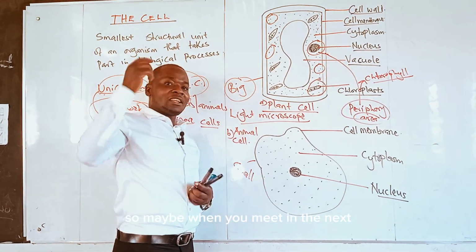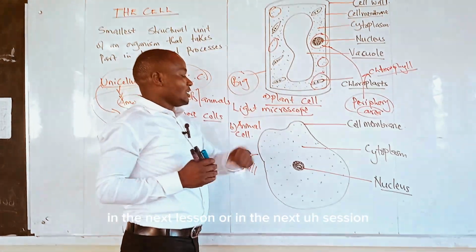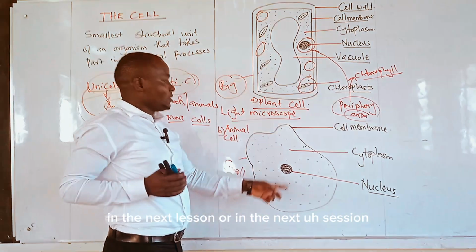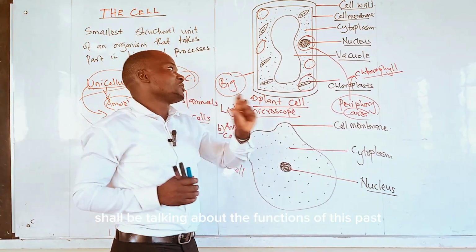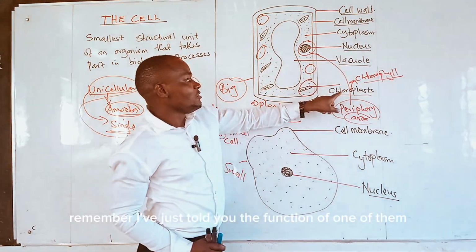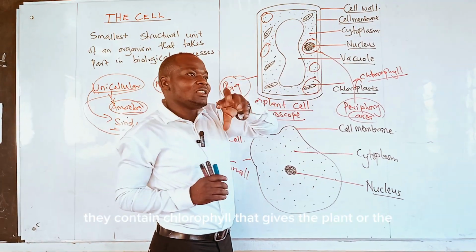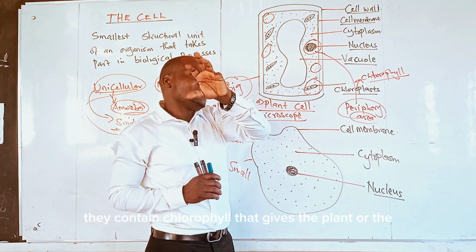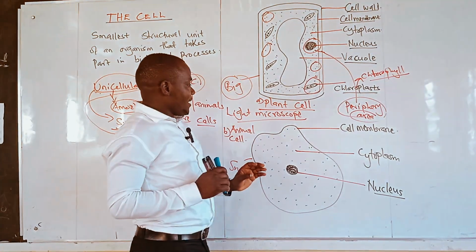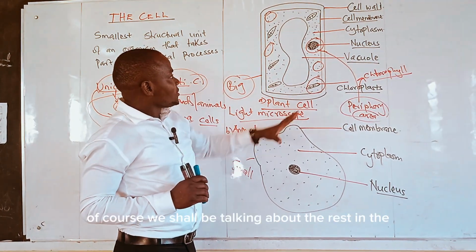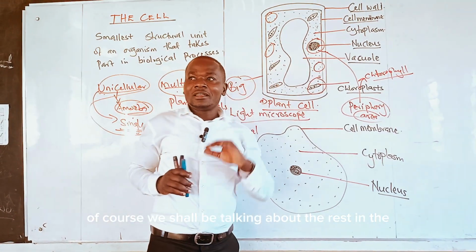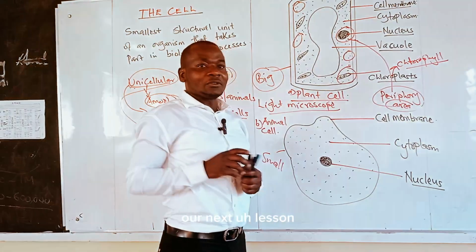When we meet in the next lesson, we shall be talking about the functions of these parts. Remember, I've just told you the function of one of them, the chloroplast, which contains chlorophyll that gives the plant its green color. And then, of course, we shall talk about the rest in our next lesson.